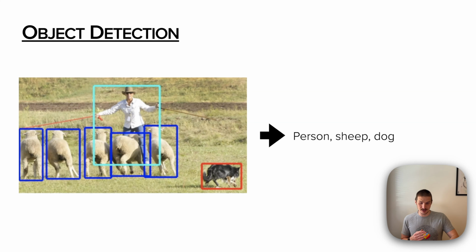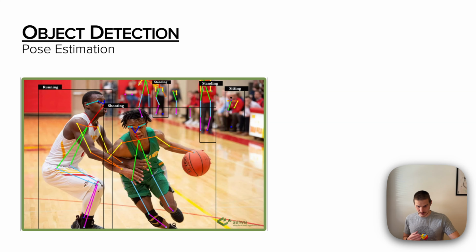Once that is done, you can go from bounding box prediction to something like pose estimation really quickly. You just replace the head that outputs 4 numbers for bounding box coordinates with a head that outputs more numbers for different points in a pose, and you might use that for sport analytics or something like that.